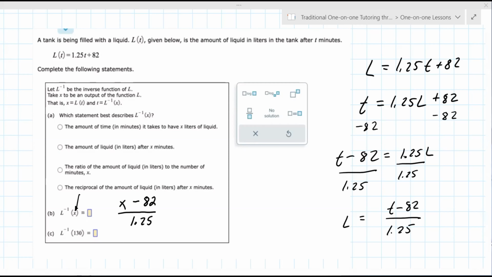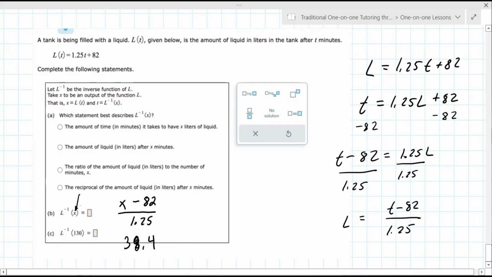And then for part C, you're going to substitute that value of 130 in for the X. You should get something reasonable, nothing weird, because they're designed that way. So that's kind of your check to see if you did it right. The 130 goes into the X now.